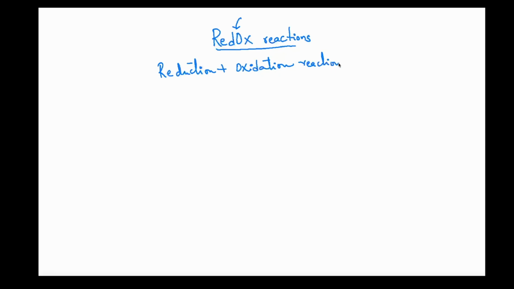Let us study about redox reactions. Now, it's there in the name itself, and if you look at it closely, this is actually a reduction plus oxidation reaction taking place simultaneously.